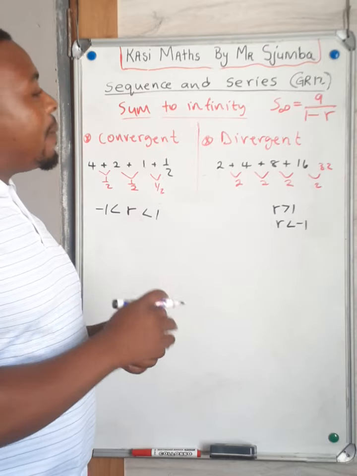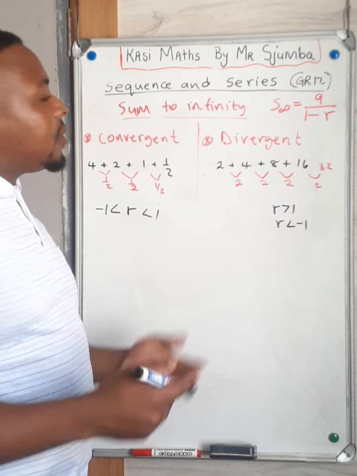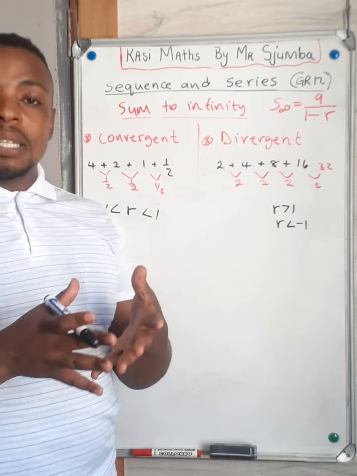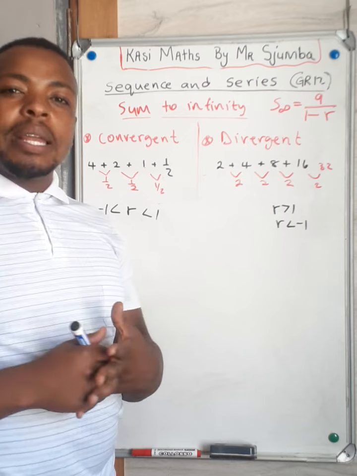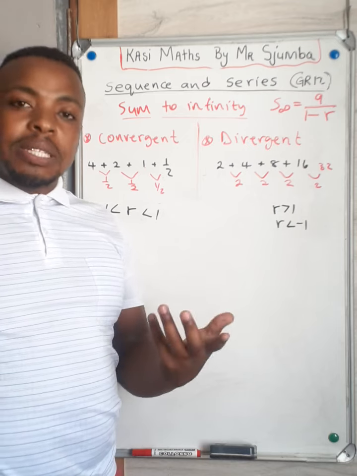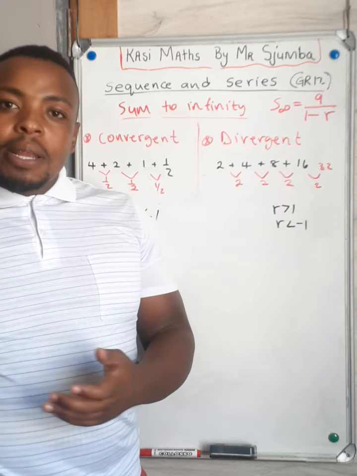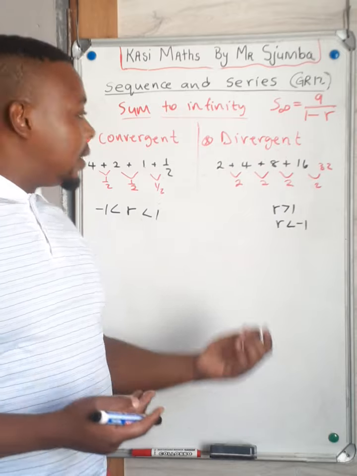So maybe if it's a question like: determine if the given series converges or diverges, the first thing you do is find the common ratio. Once you get the common ratio, you decide: if the common ratio is any number above 1 or less than minus 1, you say the series diverges, it's a divergent.